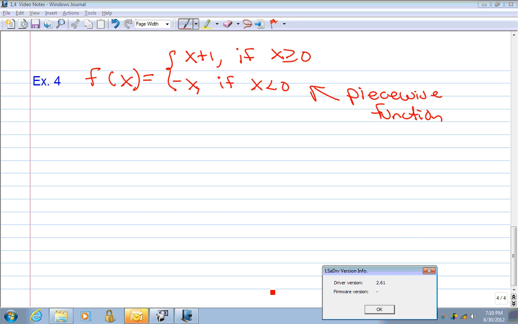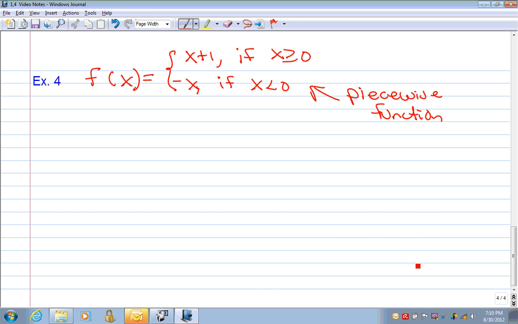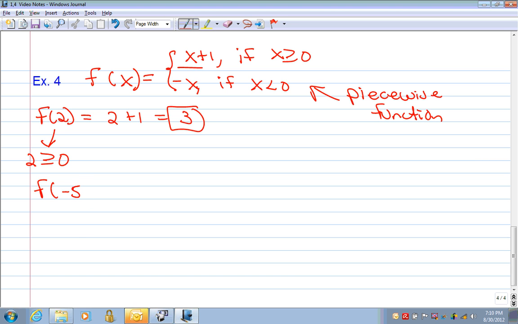Let's evaluate f of 2. All right, let's think about this. 2 is greater than or equal to 0. Therefore, we would plug 2 into the top equation. So it would be 2 plus 1, or 3, would be your answer. Another one would be f of negative 5.